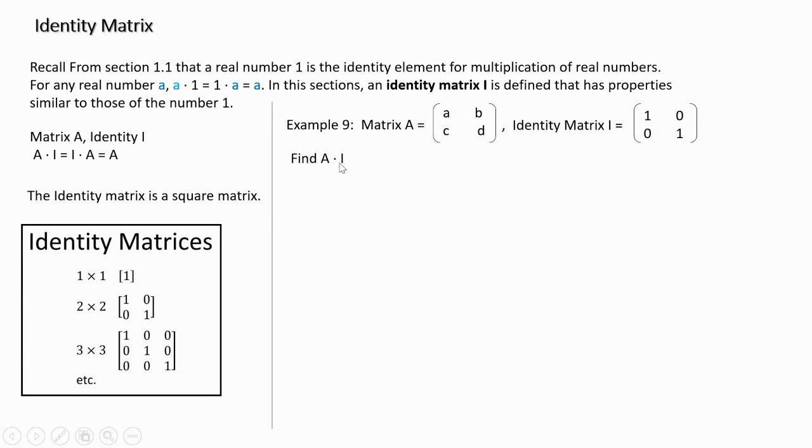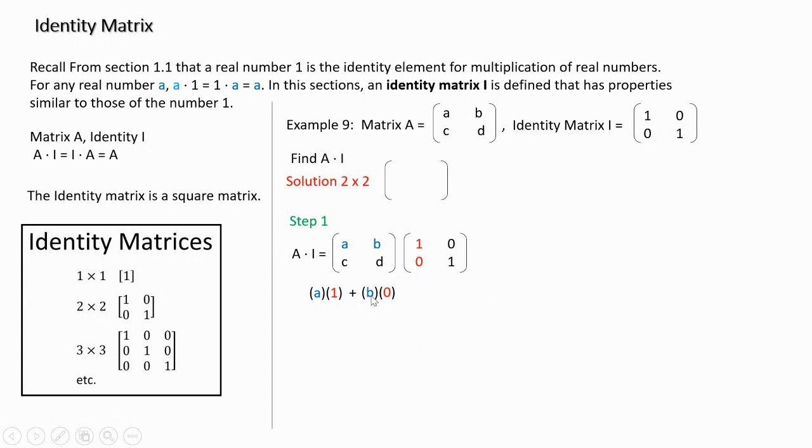Now find A times the identity. So again, this is matrix A, and this is the identity. We're going to do the same thing as before for multiplication. We're going to multiply A times 1 and add it to B times 0.